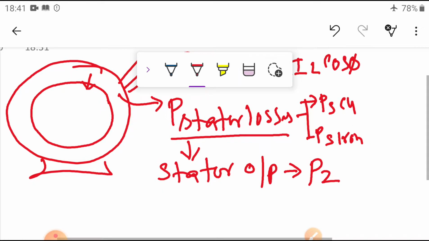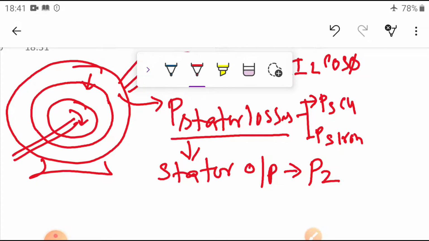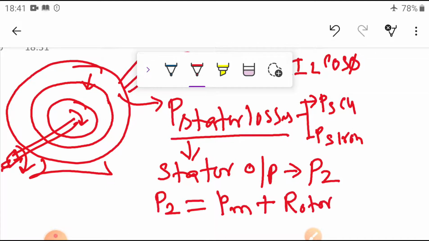This P2 enters and it develops some mechanical energy at the shaft. So the P2 input is utilized for the mechanical energy, that is the total mechanical energy developed in the rotor, plus some rotor losses. What are the rotor losses?